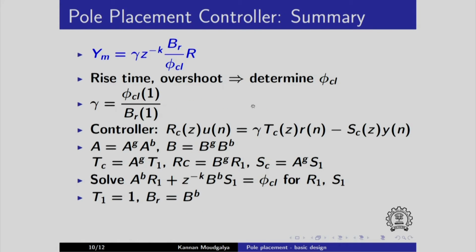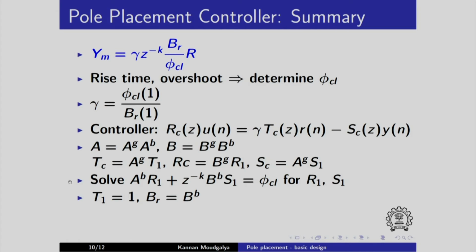So let us summarize what we have seen so far. Here is the reference model. We were given rise time and overshoot, so we determine the characteristic polynomial. From the steady state condition we determine gamma, and the controller is given here, and we factored A and B into good and bad parts, and we got controller polynomials.